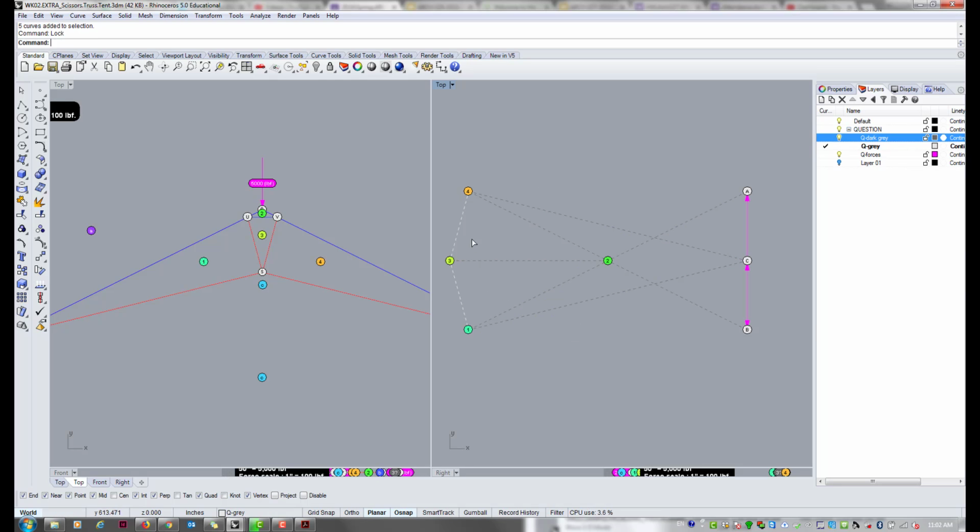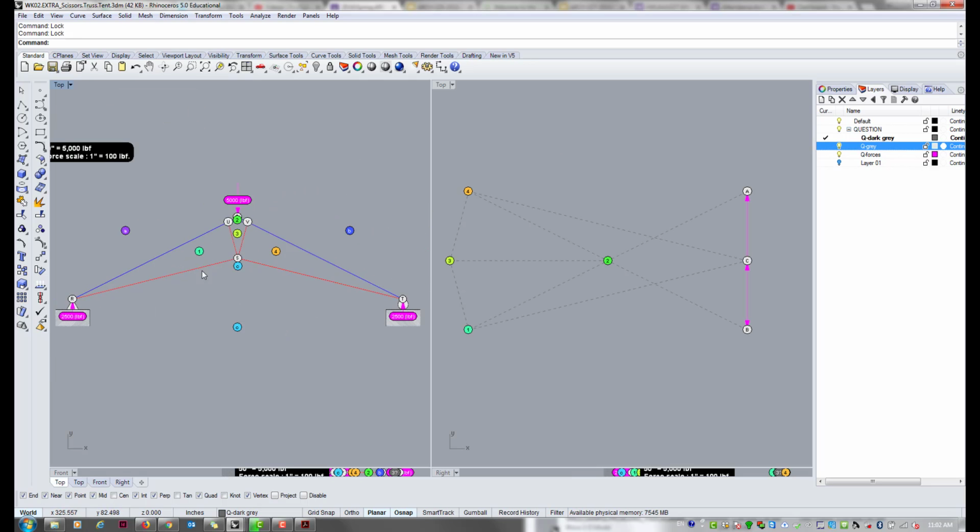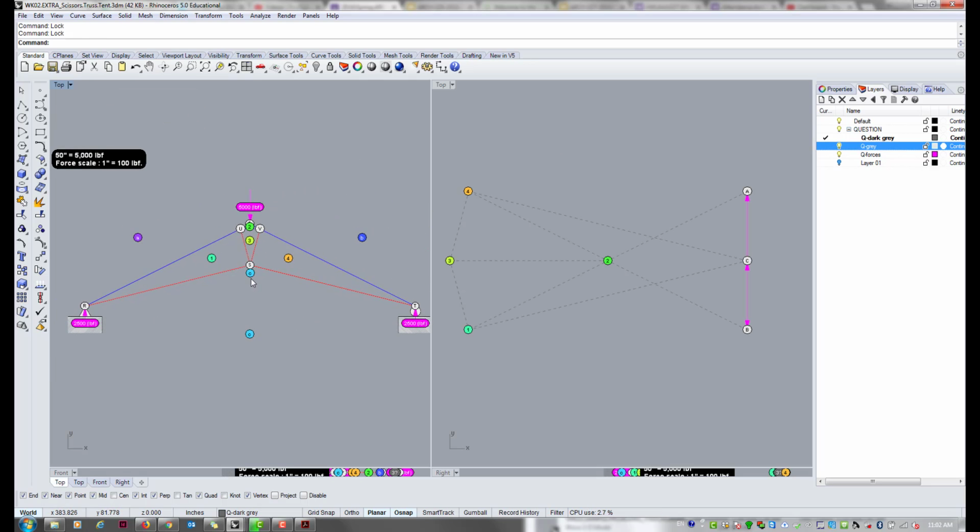So anyway, that's more or less the force diagram, and we can use this now to determine the internal forces of each of these members. So let's look at that now.